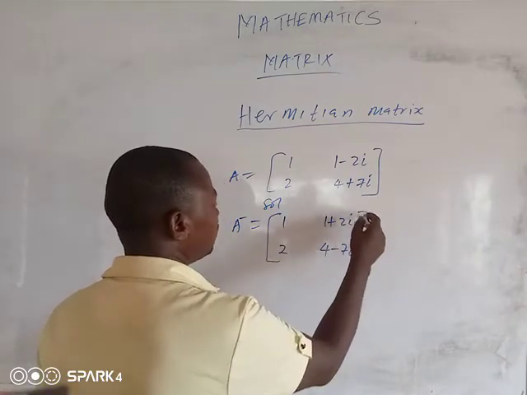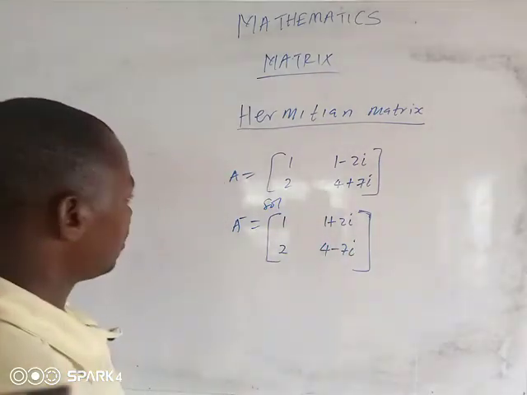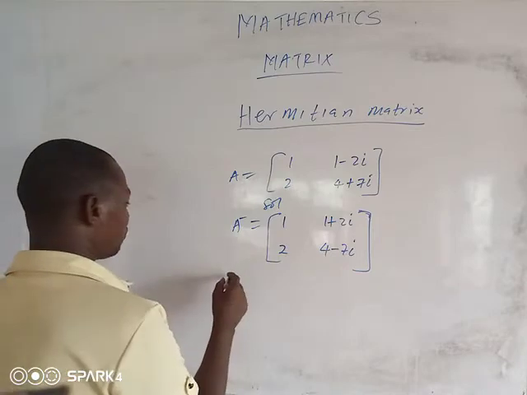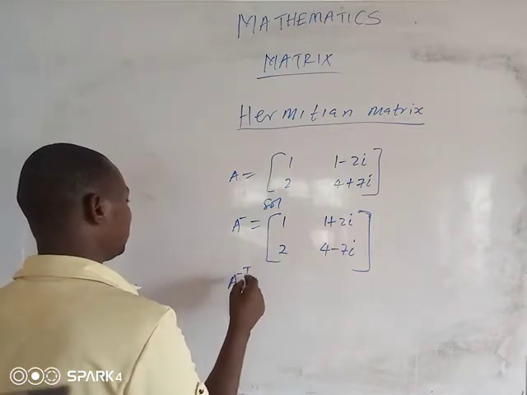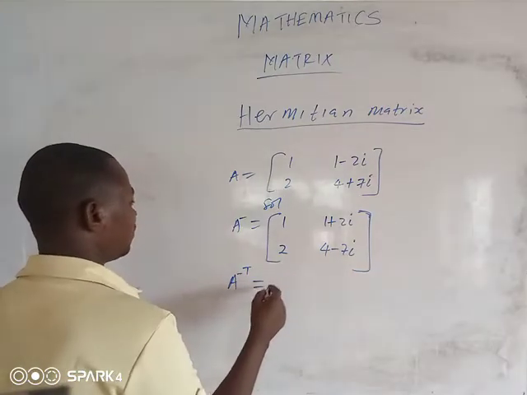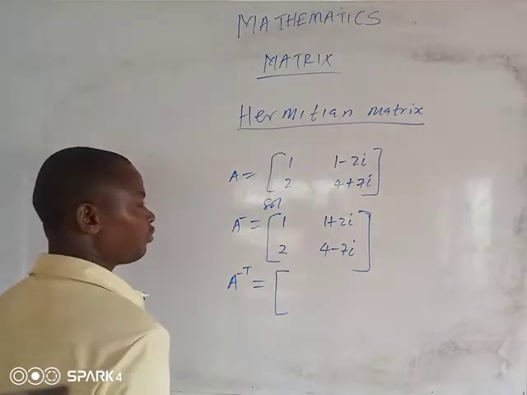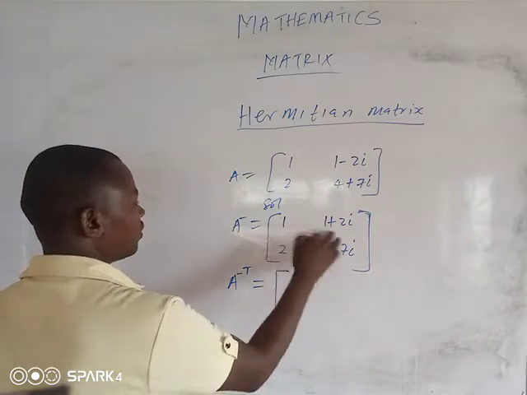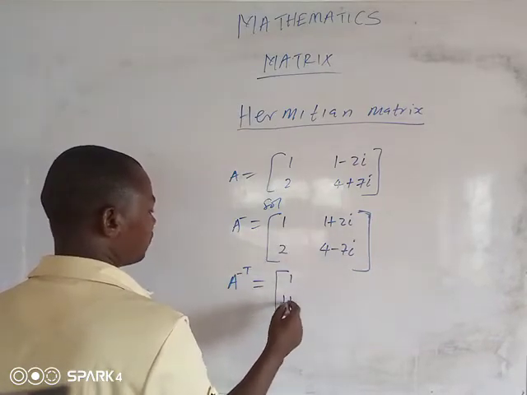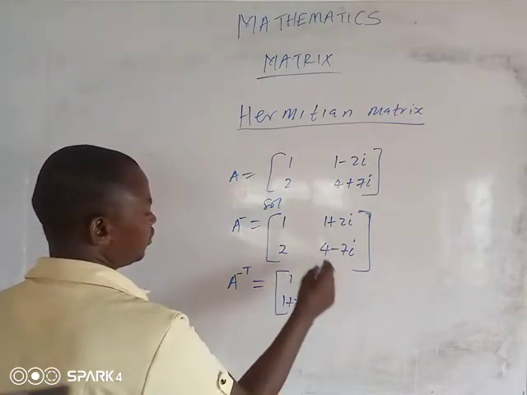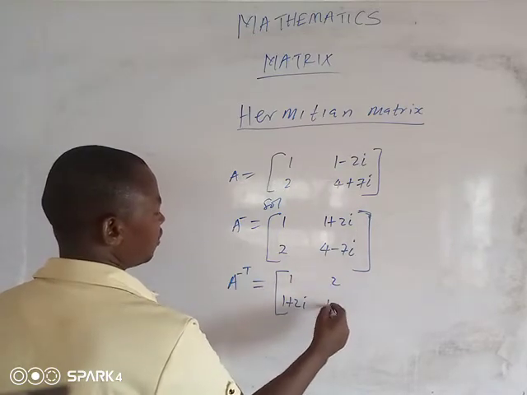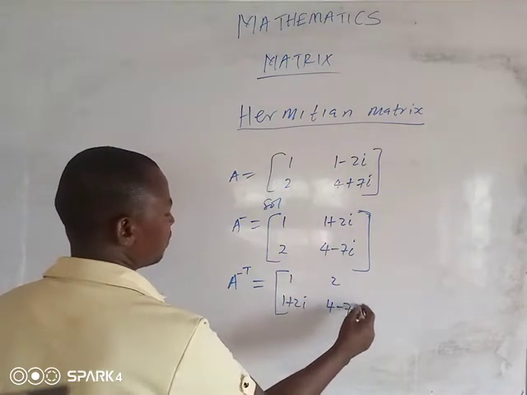The next thing is to transpose it. So that is A bar transpose. When you are transposing, all the rows become columns and columns become rows. So I have 1 plus 2i, 2, 4 minus 7i.